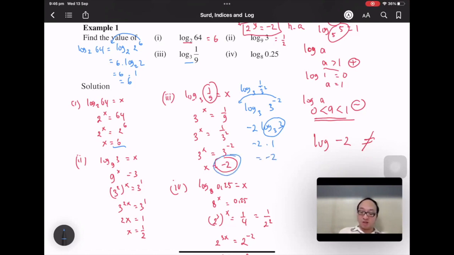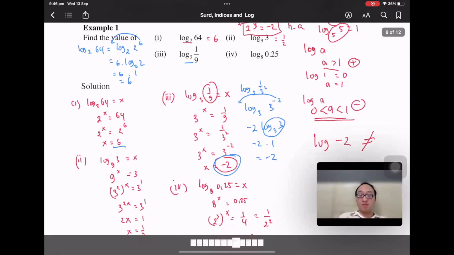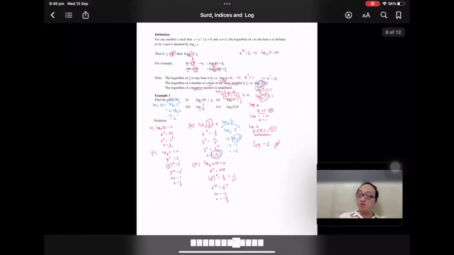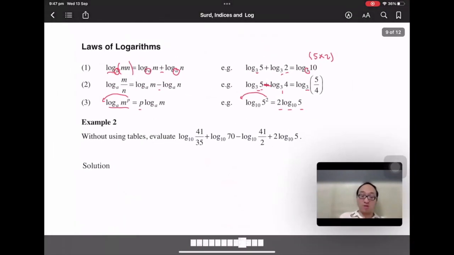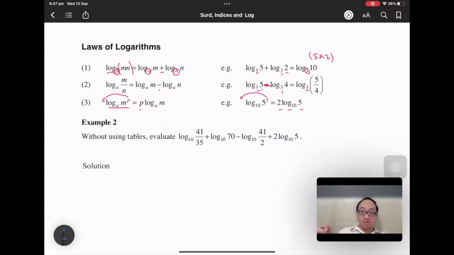So the same result. So we can use these laws, and you have to memorize them. The third law, and the one definition: the definition is log a of m equals b, which means a to the power of b equals m.